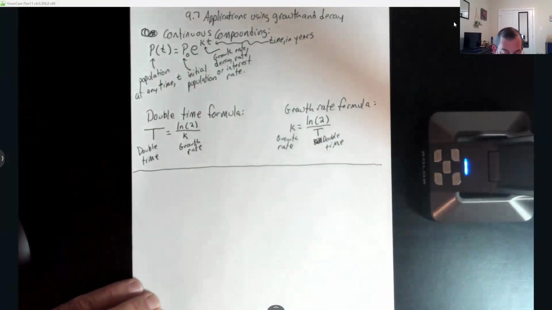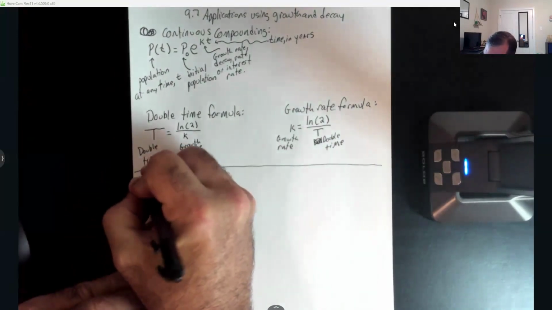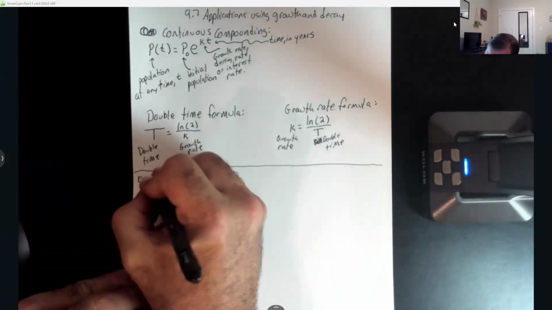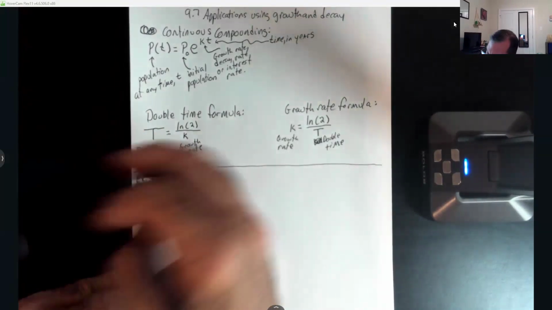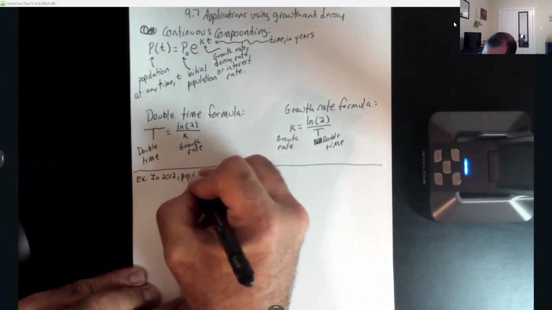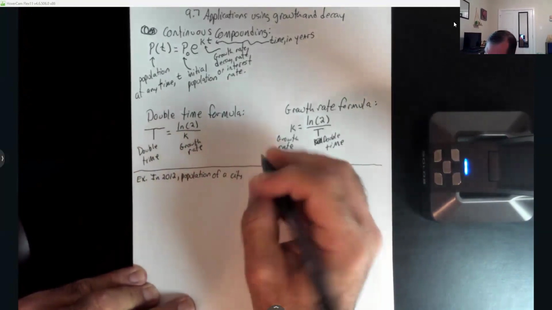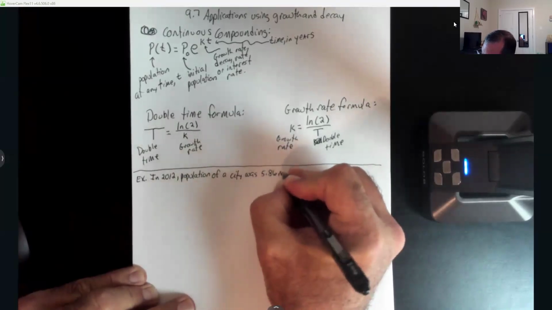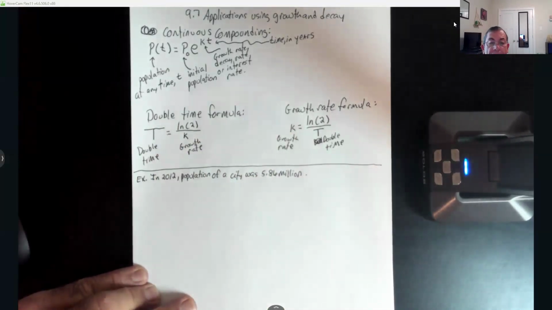So this first one is dealing with population. So in the year 2012, the population of a city was 5.86 million. All right, so 5.86 million.